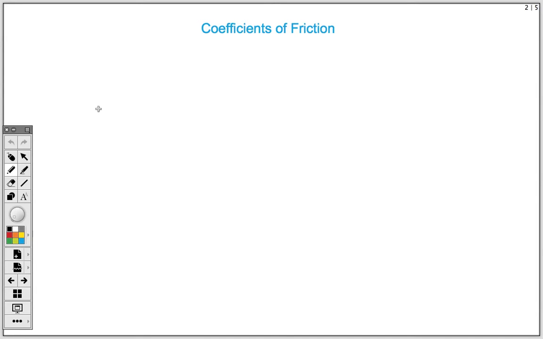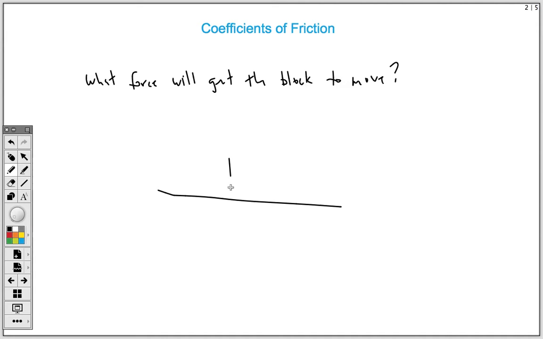We're just going to ask what force will get the block to move. So what force will get the block to move? The first thing that we need to do is draw our free body diagram, and along with drawing those force vectors, include the equations.